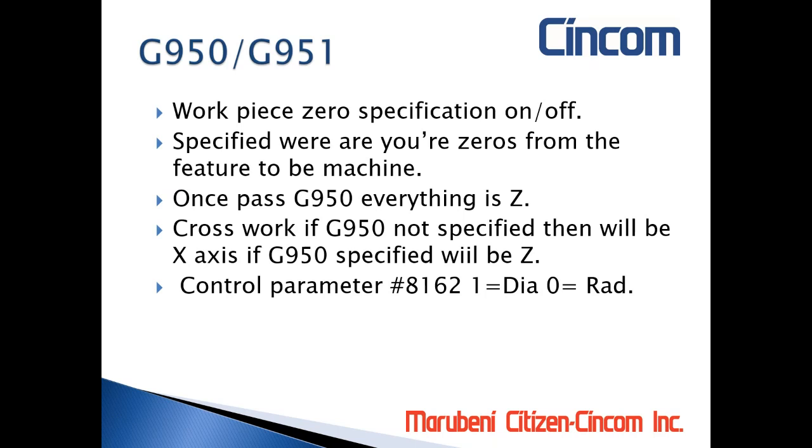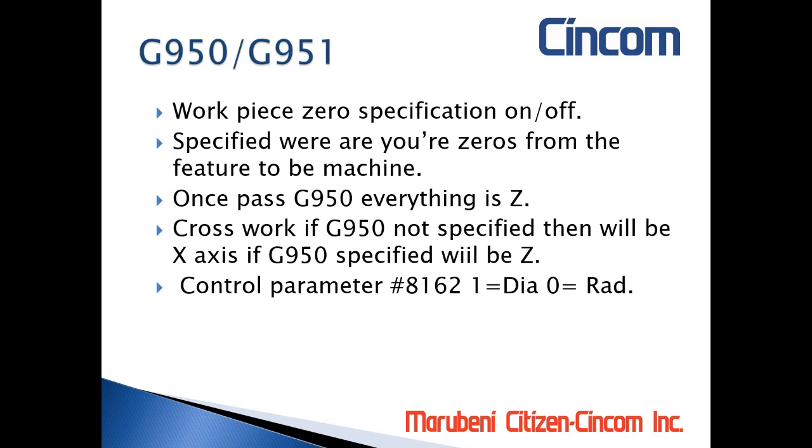Once you pass G950, everything is Z. So crosswork, even crosswork, if you need to go B90, you have to program as Z. And this is where I will maybe point out people get confused, but it's not so hard. It's just simple. If G950, all the time Z. If not G950, it will be normal.